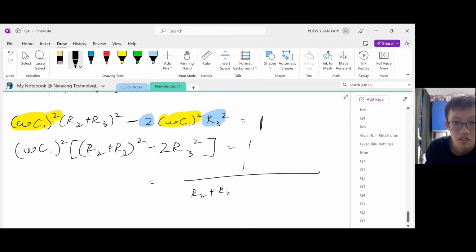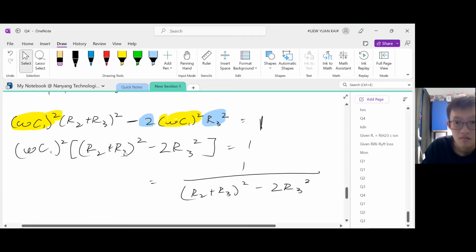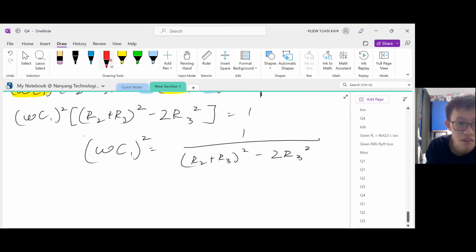R2 plus R3 square minus 2. Yeah. And then you're left with this. Then you can take square roots on both sides, this and this, to get rid of this square.